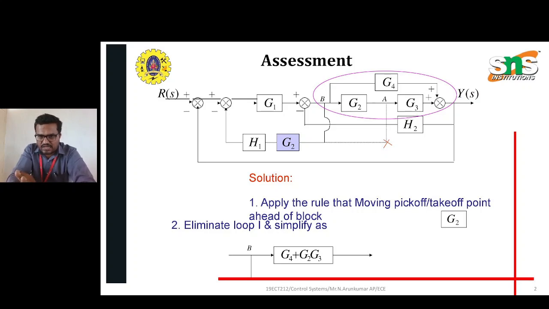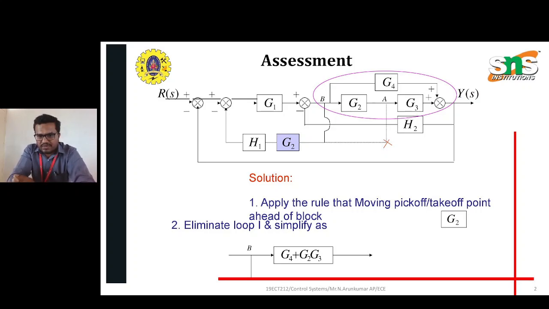These rules have been implemented in this block diagram reduction. After the elimination of the blocks, the final solution of the concerned block diagram reduction is G4 plus G2 and G3. These two laws or rules are implemented in this block diagram.